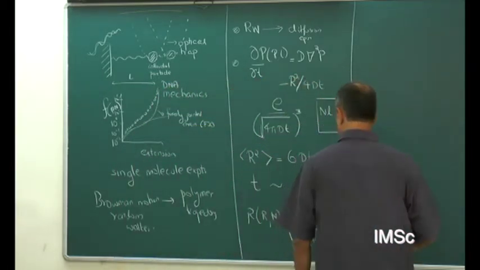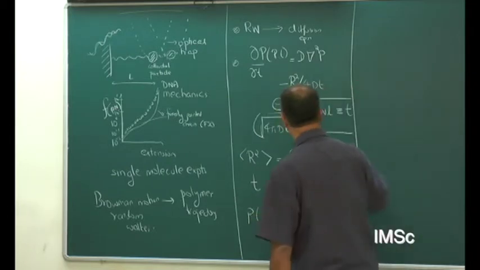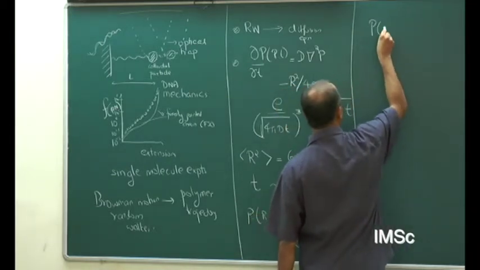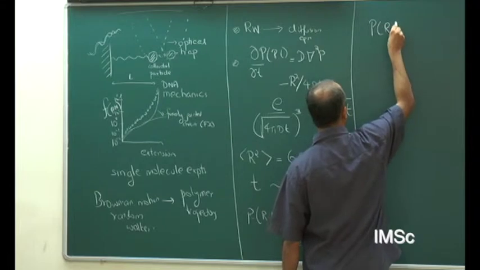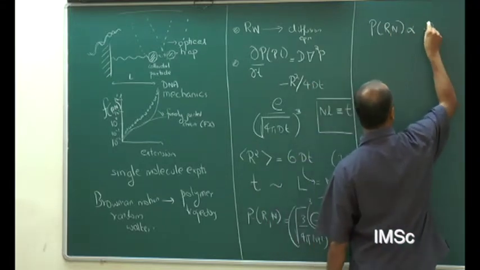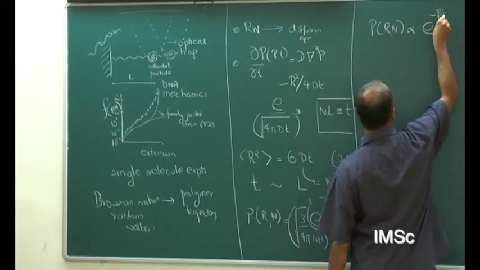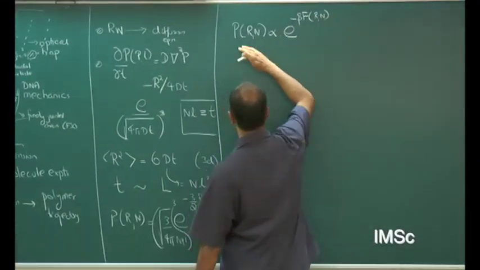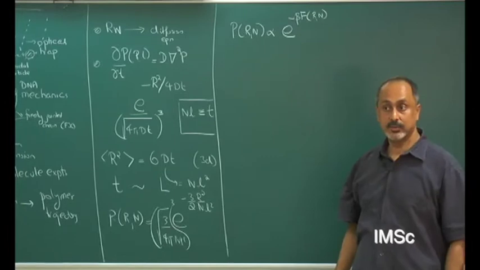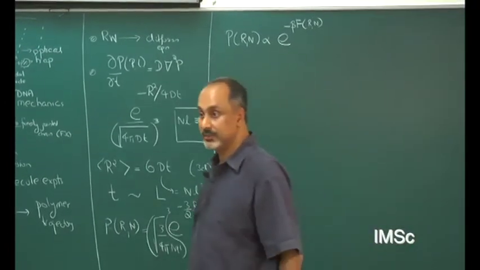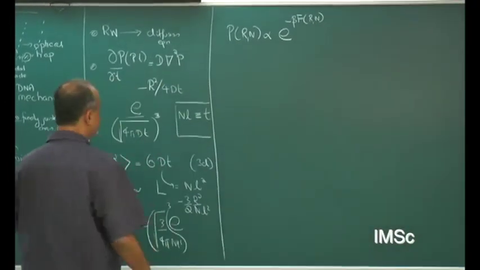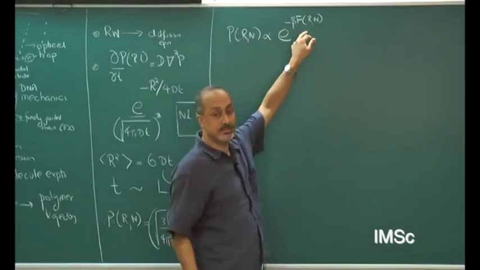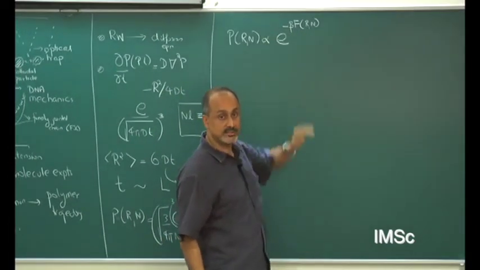And we said, okay, let us interpret P of r comma n as the exponential of minus beta times f of r comma n. So the probability, we said, we could write this as a ratio of two partition functions, and that ratio, since we know the relationship between the free energy and the partition function, we could write in this particular form.